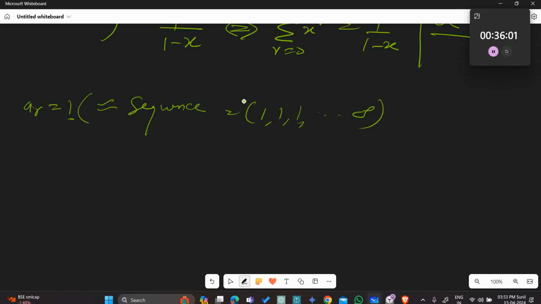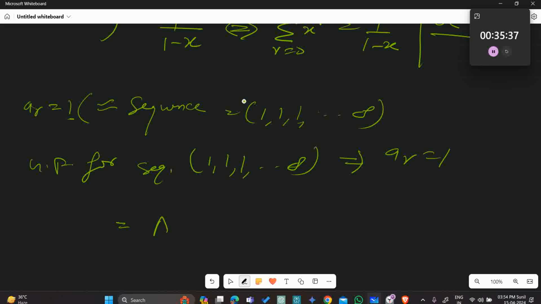Alright. So what we are doing here is the generating function for the sequence 1, 1, 1 and infinite, and the generating function for this is equal to 1 upon 1 minus x, right?